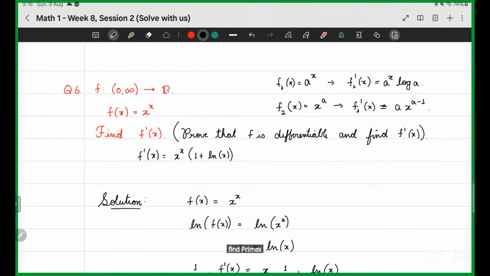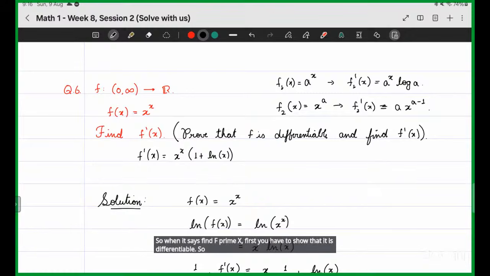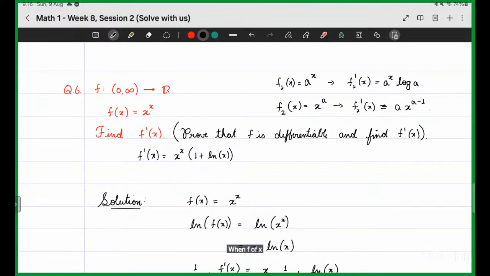So when it says find f prime x, first you have to show that it is differentiable. When is a function said to be differentiable? When f of x plus h minus f of x, divided by h, that expression has a limit. We have not verified that.